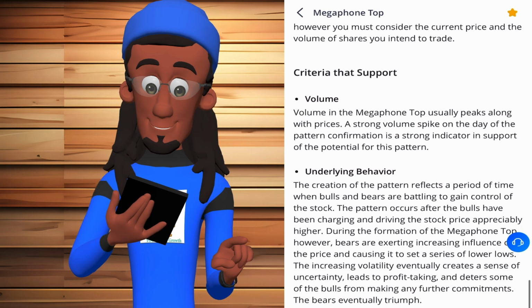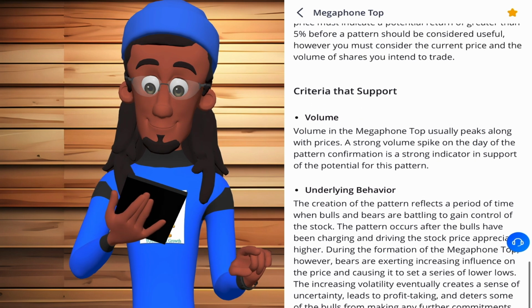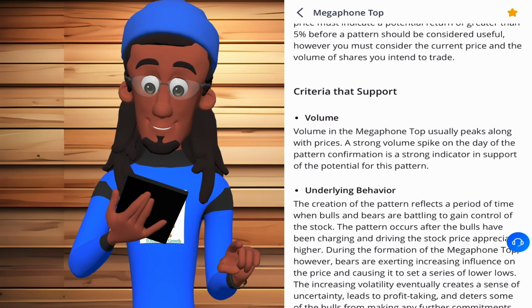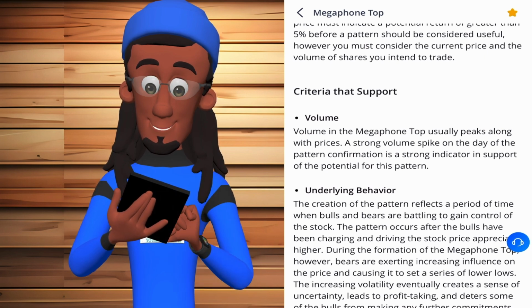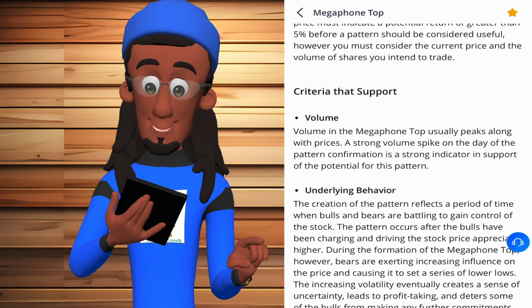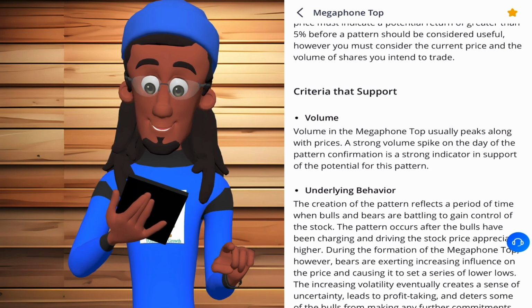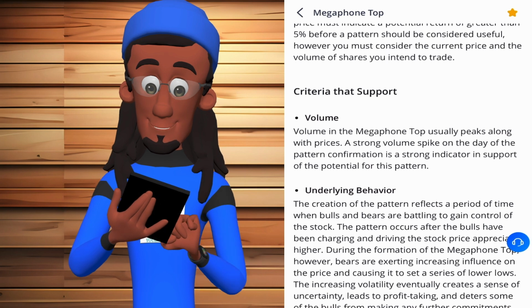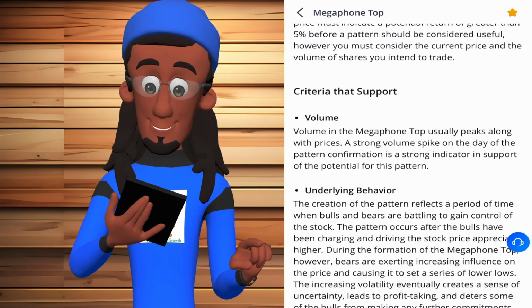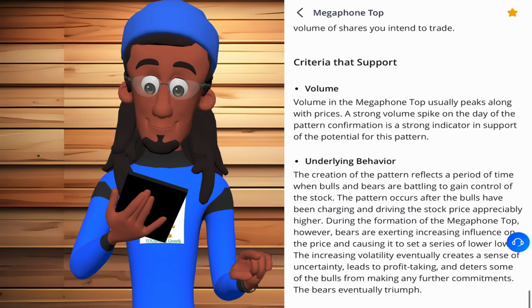What is creating this pattern on the chart? The creation of the pattern reflects a period of time when bulls and bears are battling to gain control of the stock. The pattern occurs after the bulls have been charging and driving the stock price appreciation higher.